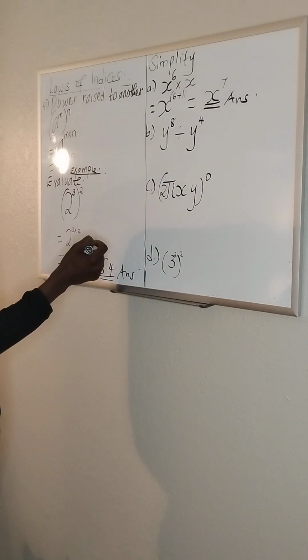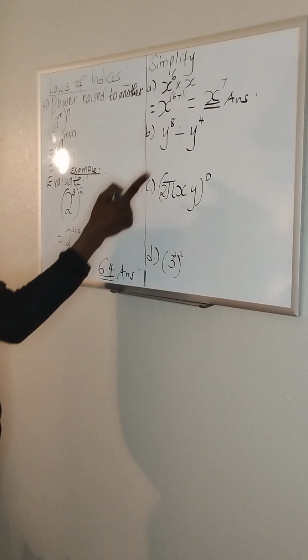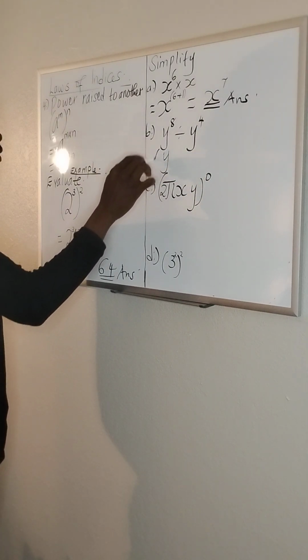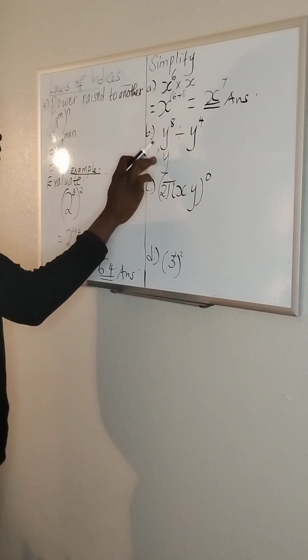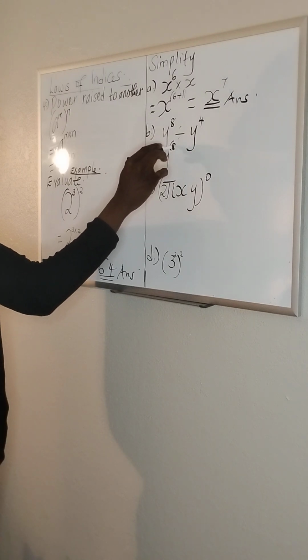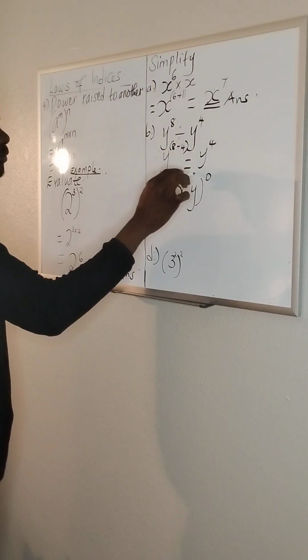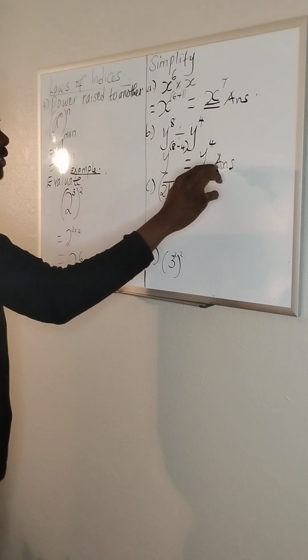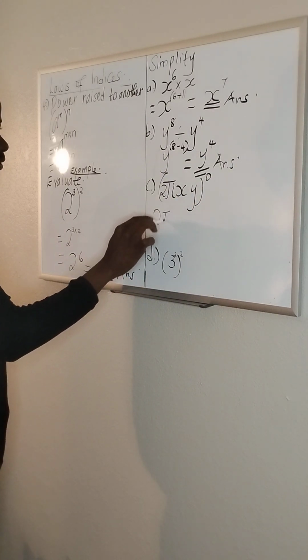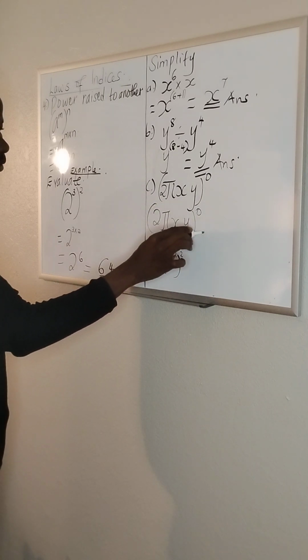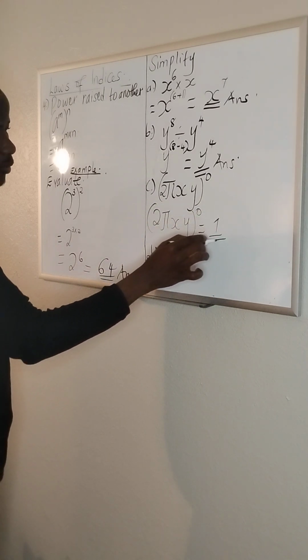This one, y raised to the power of 8 divided by y raised to the power of 4, is the division rule: y raised to the power of 8 minus 4, because we are dividing. So it is the same as y raised to the power of 4. This one we already said: any value, any factor, any variable raised to the power of 0, the answer is just 1.